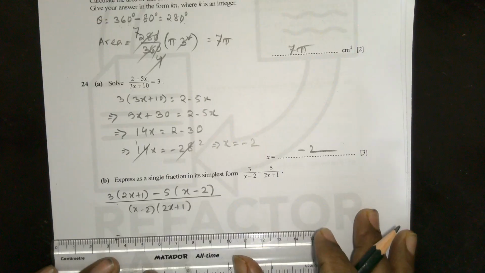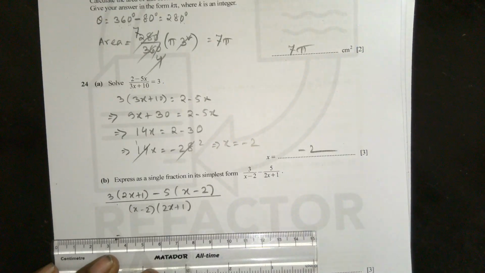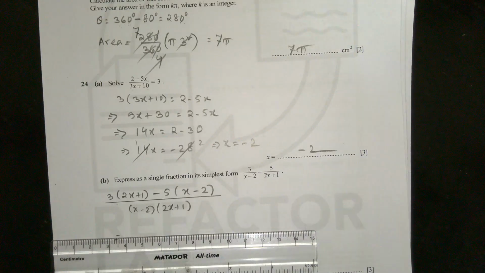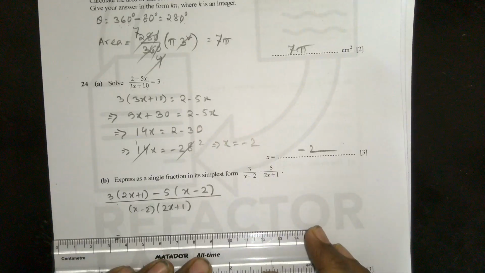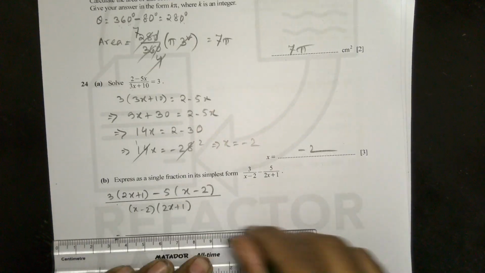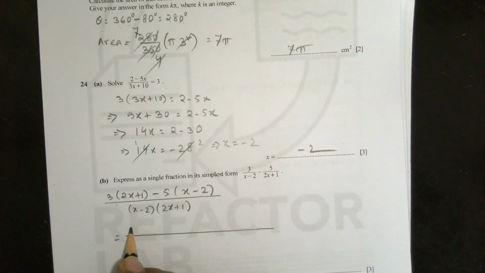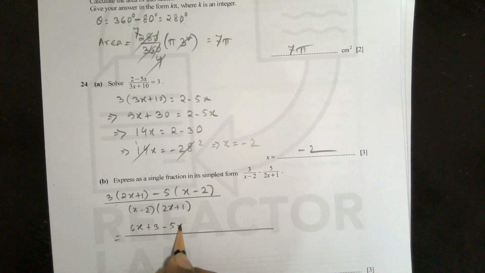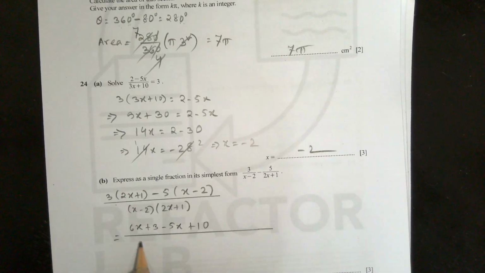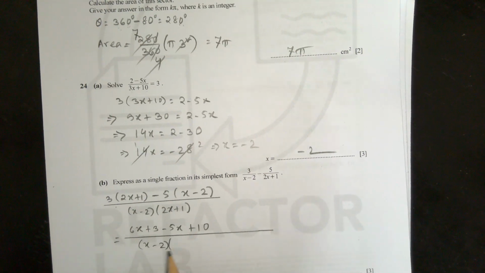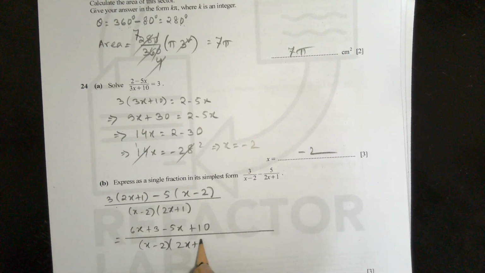What will be next? So now what will I have? 6x plus 3 minus 5x plus 10, divided by (x minus 2) times (2x plus 1).